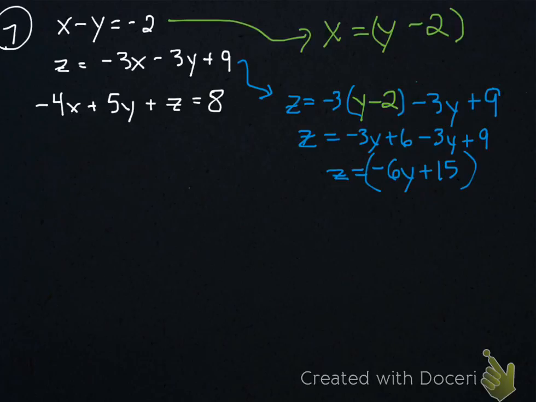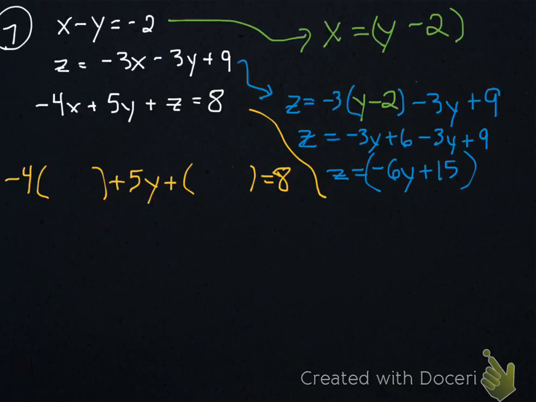I've got something for x, I've got something for z. So I'm going to write it out and plug it all in. So we have negative 4 times the stuff for x plus 5y plus the stuff for z equals 8. Okay? Let's go ahead and plug those in.